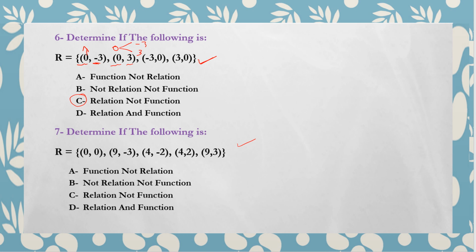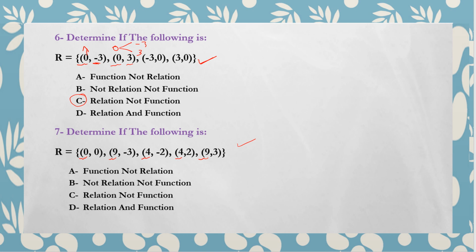We go to the first elements in the relation, which are the domain. If any element is repeated or corresponds with more than one element in the range, then this wouldn't be a function.